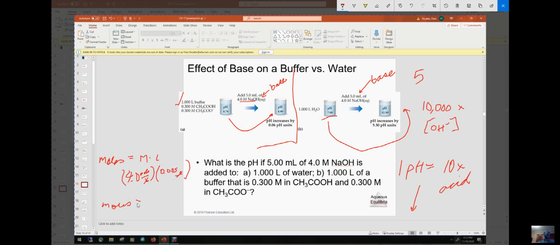Not a huge number, but it's something. The moles would be 4 times 5 is 20, so 20 times 10 to the minus 3, or in scientific notation, 2 times 10 to the minus 2.